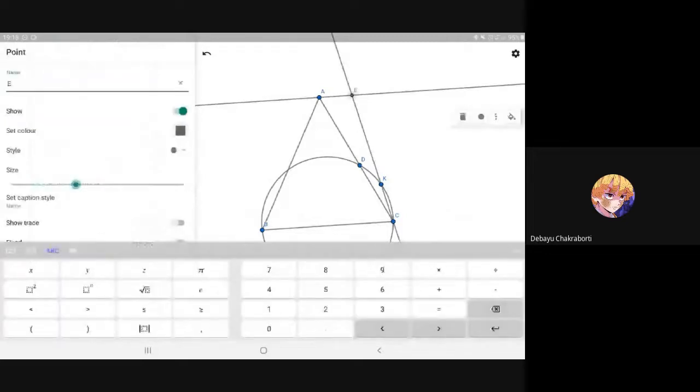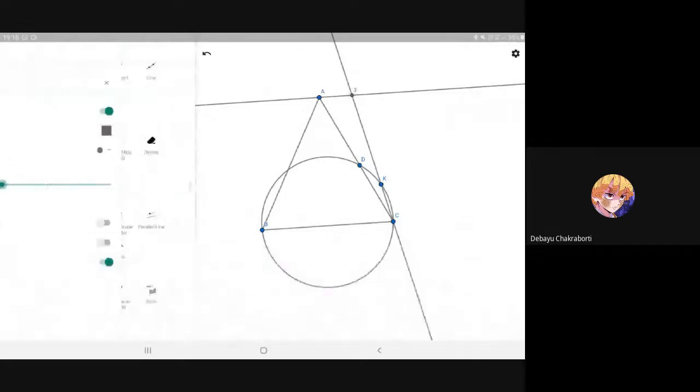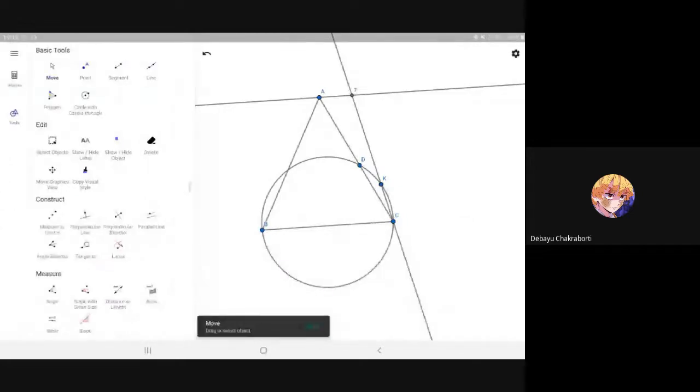Yeah, this is the problem. So you're given an isosceles triangle. No, wait, just one second. This is the point D, T.